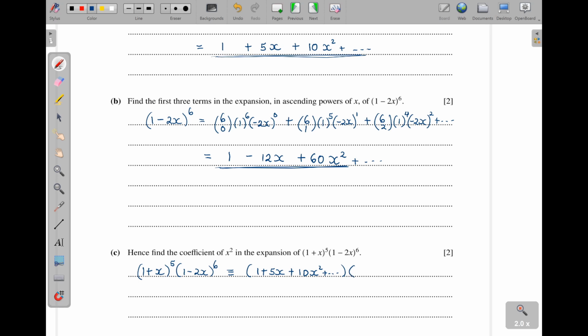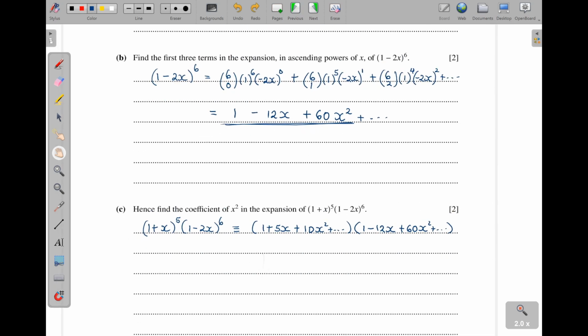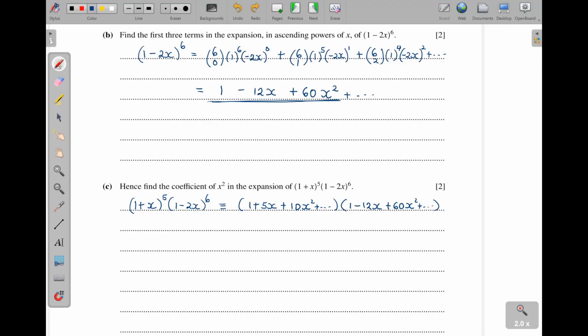And then the second one, we have 1 minus 12x, then plus 60x squared. Now, the expansion of this one has 6 terms, the expansion of this one has 7 terms. But they have told us to expand to the first 3, so we don't need all of the terms in here. We are going to pick out the terms that are ending in x squared when they are multiplied together.